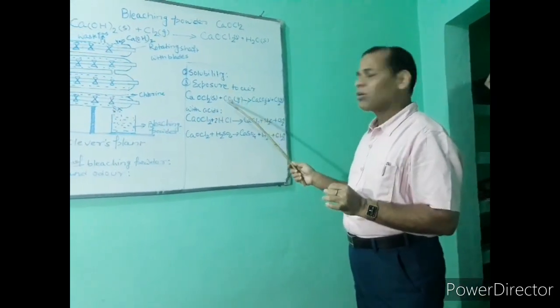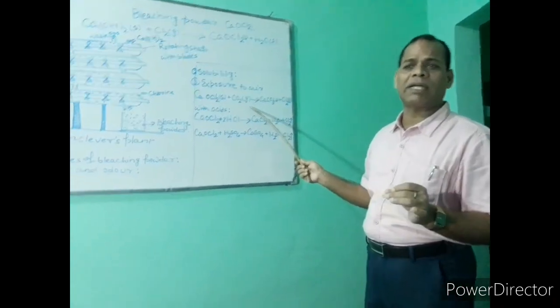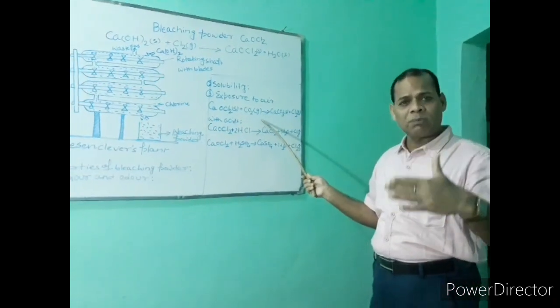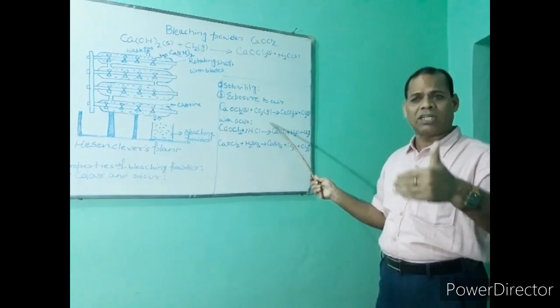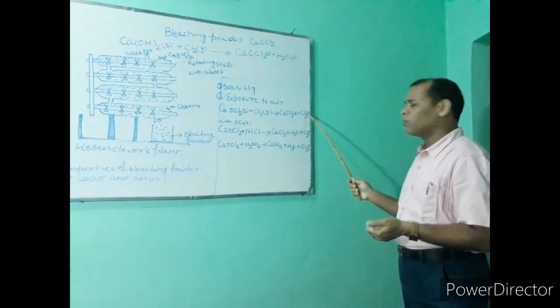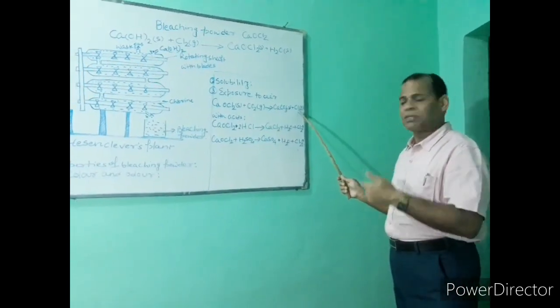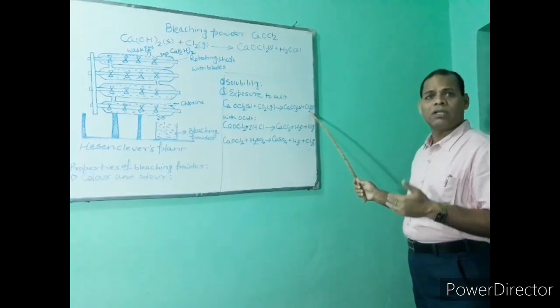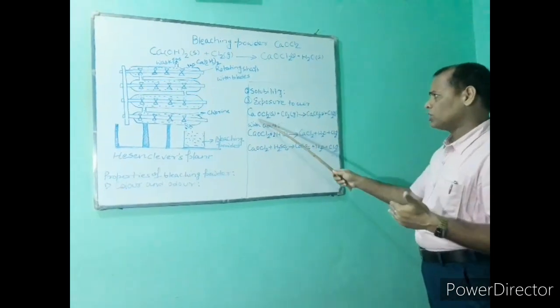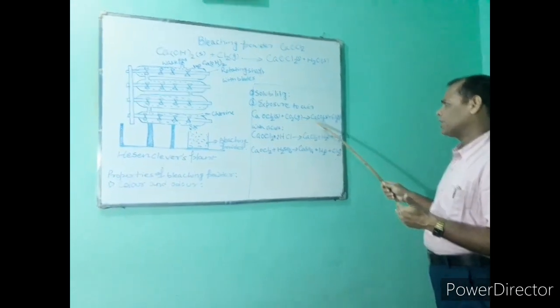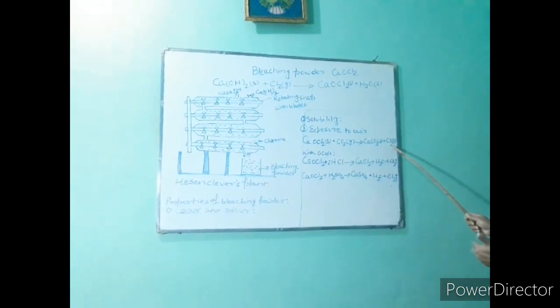Otherwise it will combine with atmospheric carbon dioxide, decompose, and set free chlorine gas. So CaOCl2 plus CO2 gives CaCO3 plus Cl2.